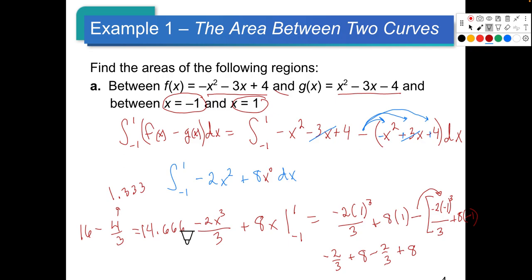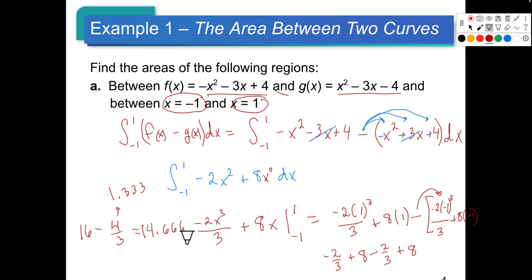This one also has a lower limit of -1, enter, to +1, and watch what happens. There it is: negative 7.33. It's negative because it's below the x-axis, but if I took the area from f, which was 7.33, minus negative 7.33, I get my 14.6666. So it's a way to check it.